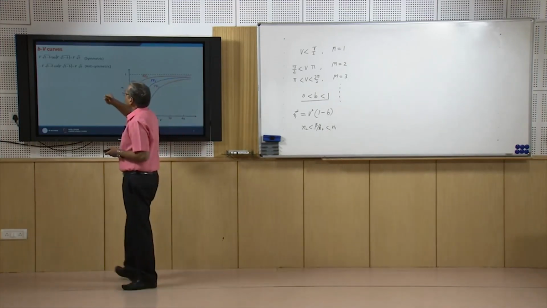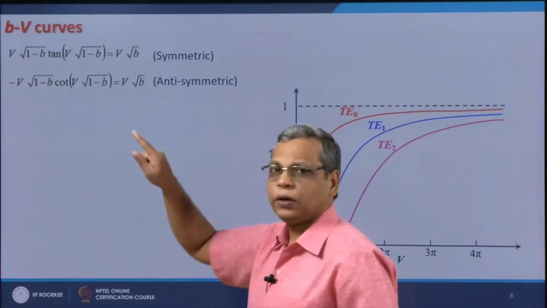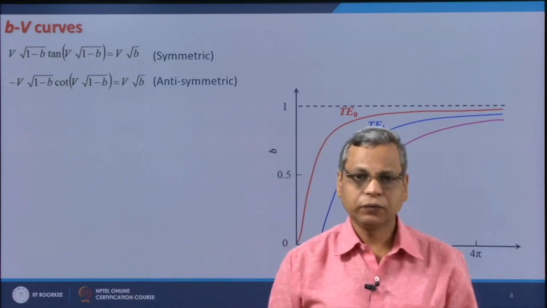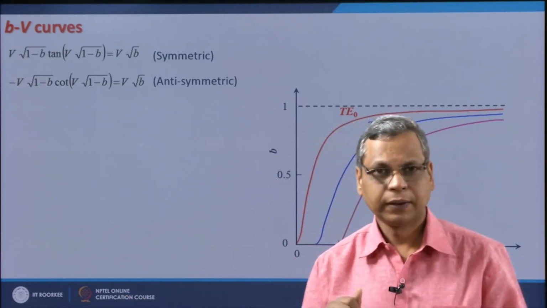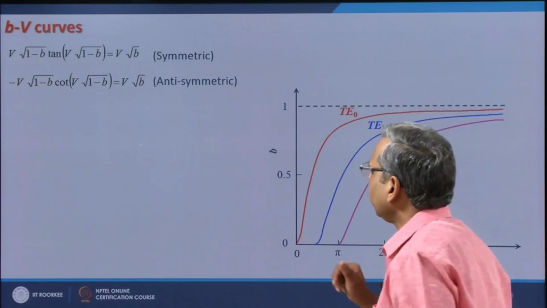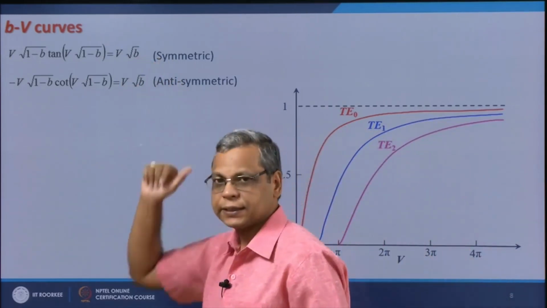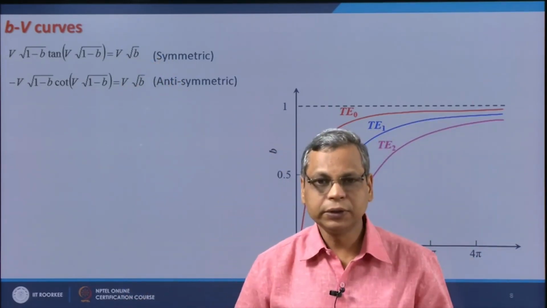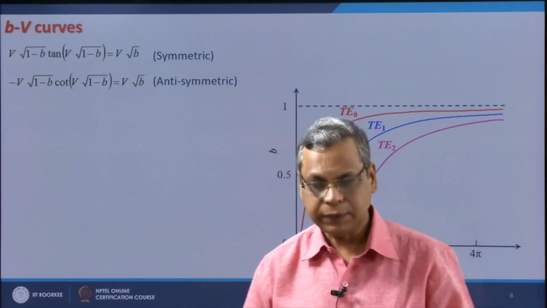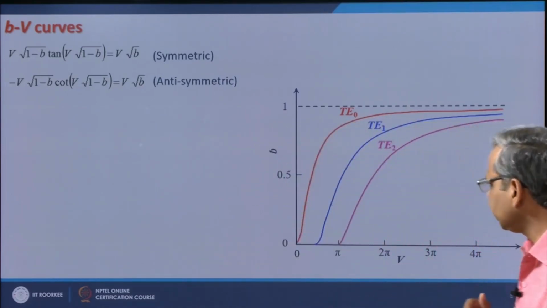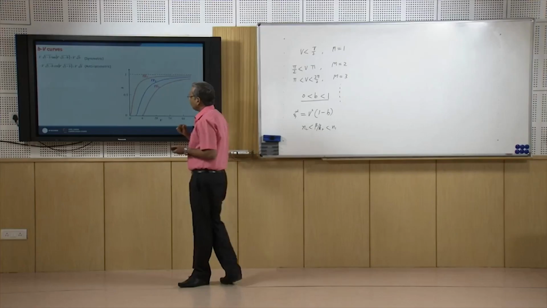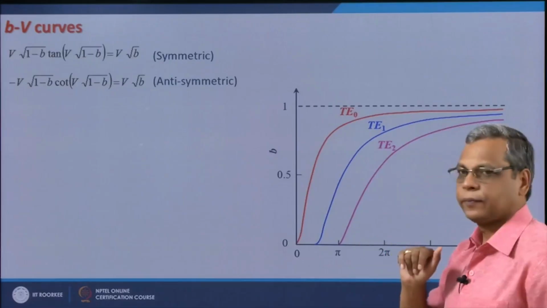What I can do, I can solve these equations for different values of V, and I find out the roots of these and plot these roots as a function of V. So, I start with a very small value of V.